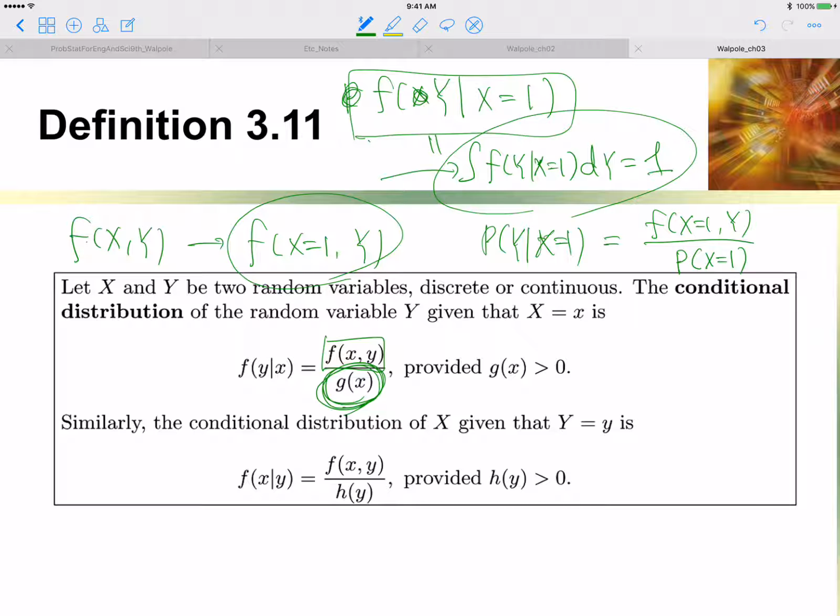Since this is also a density, a continuous random variable, this p is changed into the density function f. And how can we compute this value? This value is computed in this form.